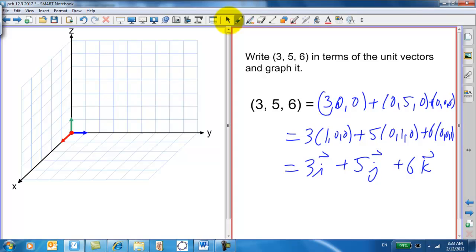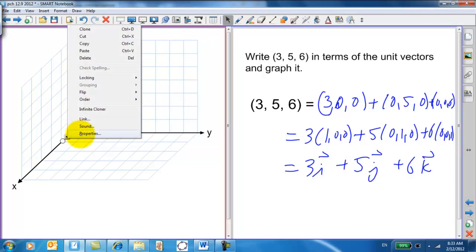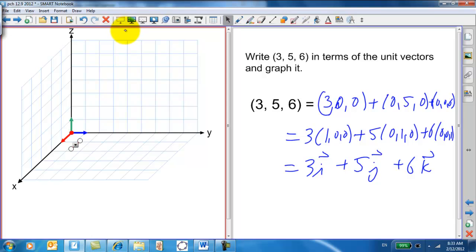And we can simulate this on our graph paper by just cloning these puppies. Let's clone this. We have 3 of these, 3 times. Clone it again. 2, 3, 4. Let's clone one more.